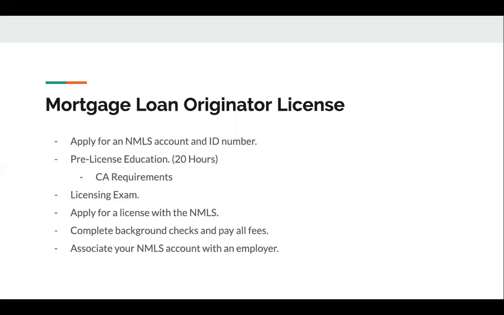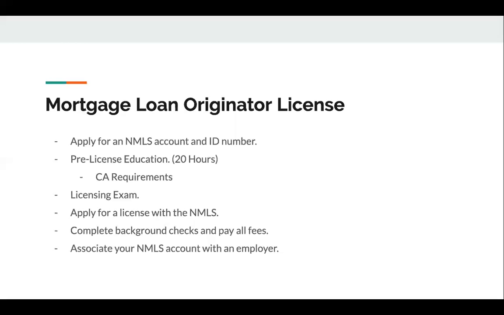After you finish your education and get that all approved, you send that to the NMLS, and they have a system for you to go take the exam. You need a 70% to pass that exam. After that, you have to apply to the NMLS again to get the actual license.